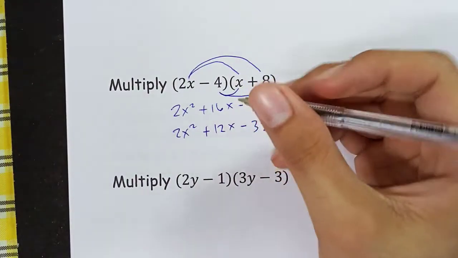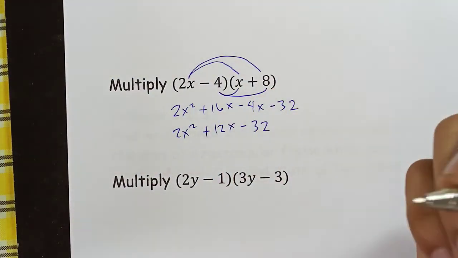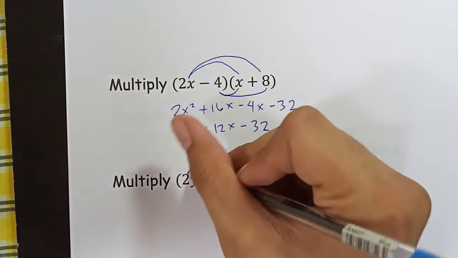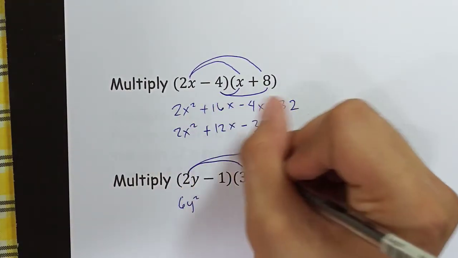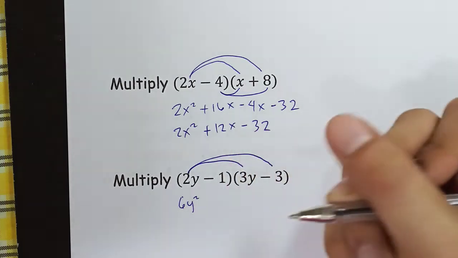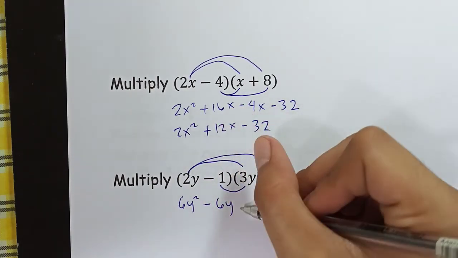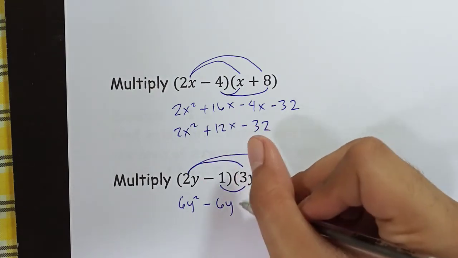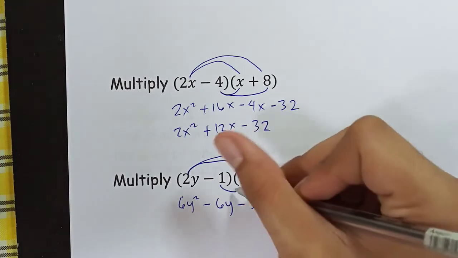Next, quantity of 2y minus 1 times the quantity of 3y minus 3. So, 2y minus 1, 2y times 3y is 6y squared. 2y times 3 is negative 6y. Negative 1 times 3y is negative 3y. Negative 1 times negative 3.